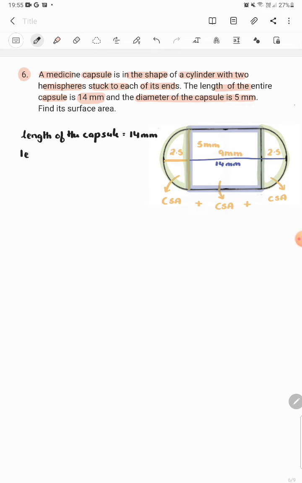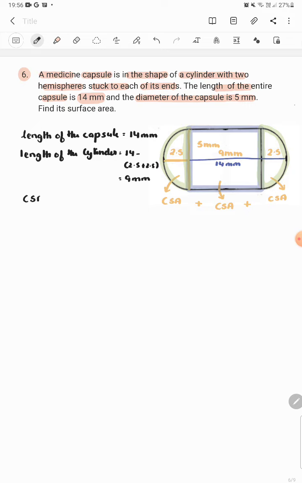Length of the cylinder is equal to 14 minus (2.5 plus 2.5), that is equal to 9 millimeter. 9 millimeter.